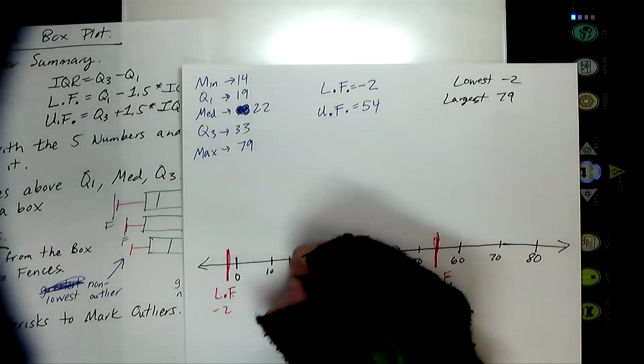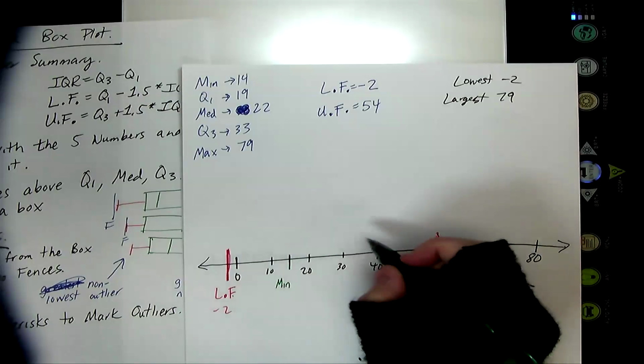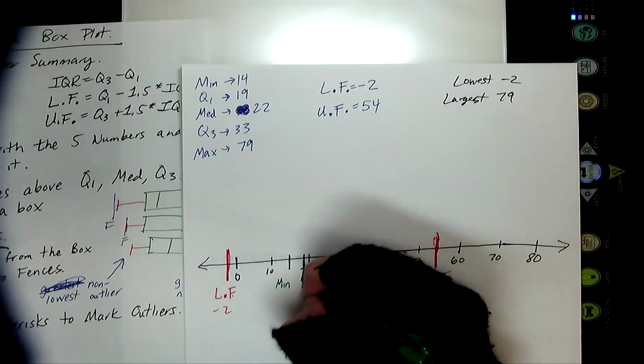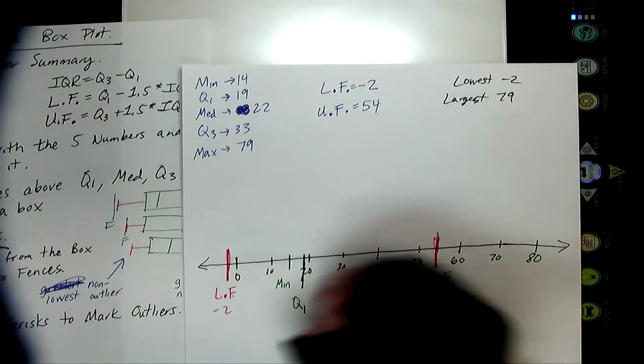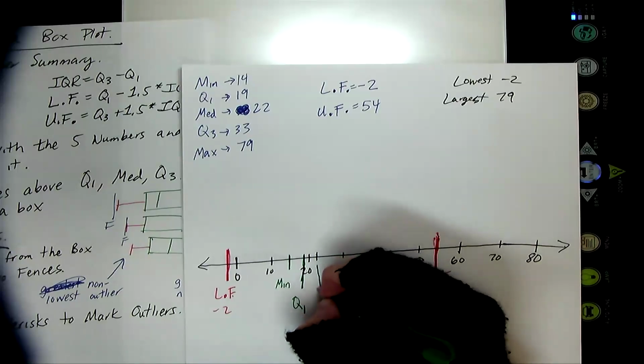Fourteen's about halfway through 10. That's my min. 19 is right there, that's Q1. 22 is super close to 20 as well, that's the median.